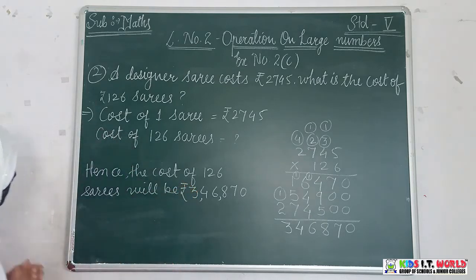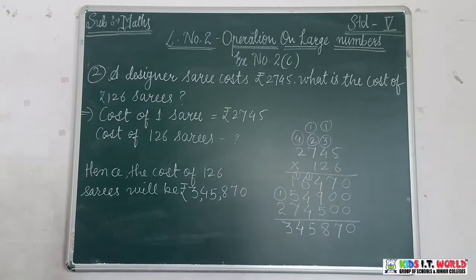In this way, you have to solve the word problems. So here you have written the answer that hence the cost of 126 saris will be rupees 3,45,870.